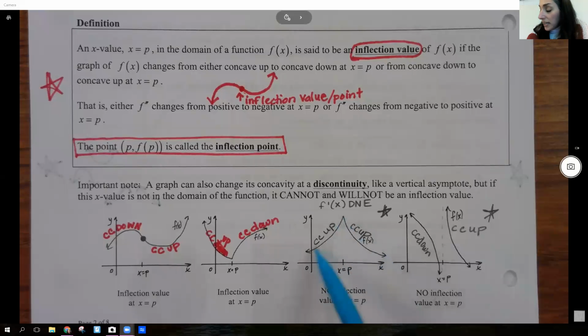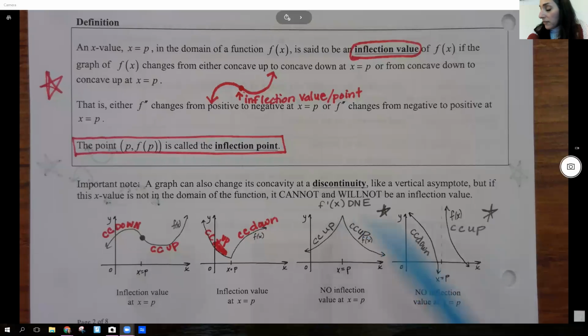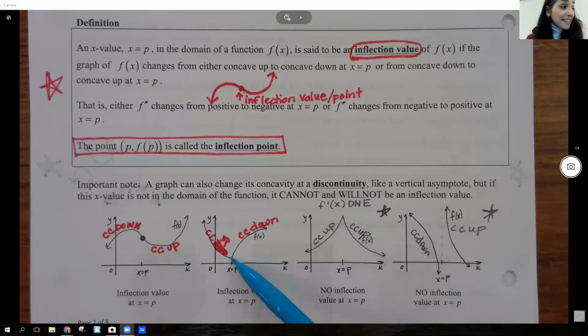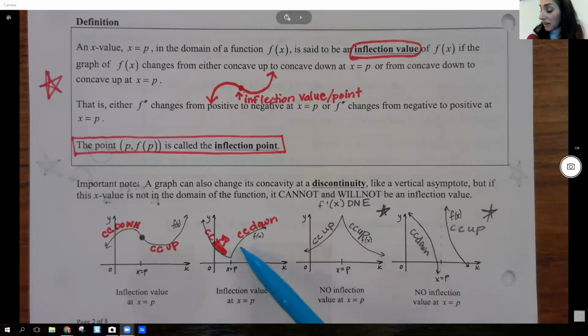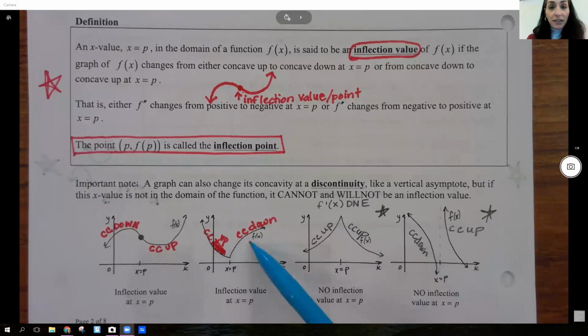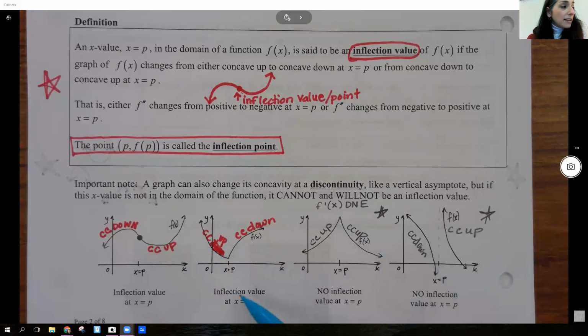Since here the second derivative is positive and here the second derivative is positive, that's really the reason that this is not a point of inflection. Because here you have a cusp. So the second derivative would not exist at this point either, but on either side of it, you have opposite concavity. So that's why this is allowed to be a point of inflection.